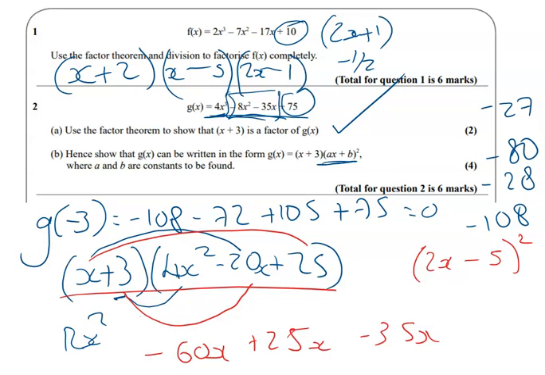To the extent that even if I had to do a division question, and I didn't have a calculator, I would probably do it by inspection first to know what I'm aiming for, and that way I can check as I'm going through that I'm getting the right terms coming out. And if I get something that I'm not expecting, then I'd think, oh, I've probably done a minus. Better than doing the whole thing and it not working and then not knowing where the mistake is, at least you know where the mistake is.